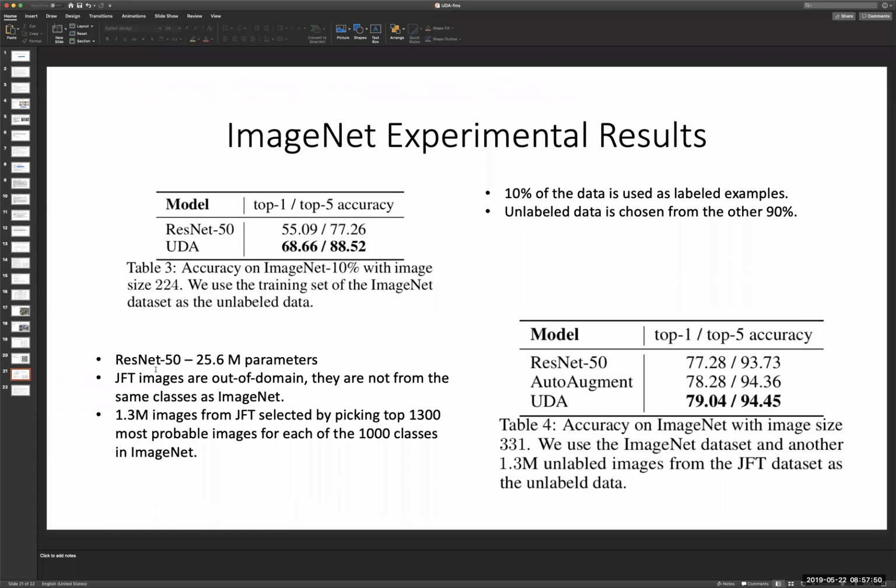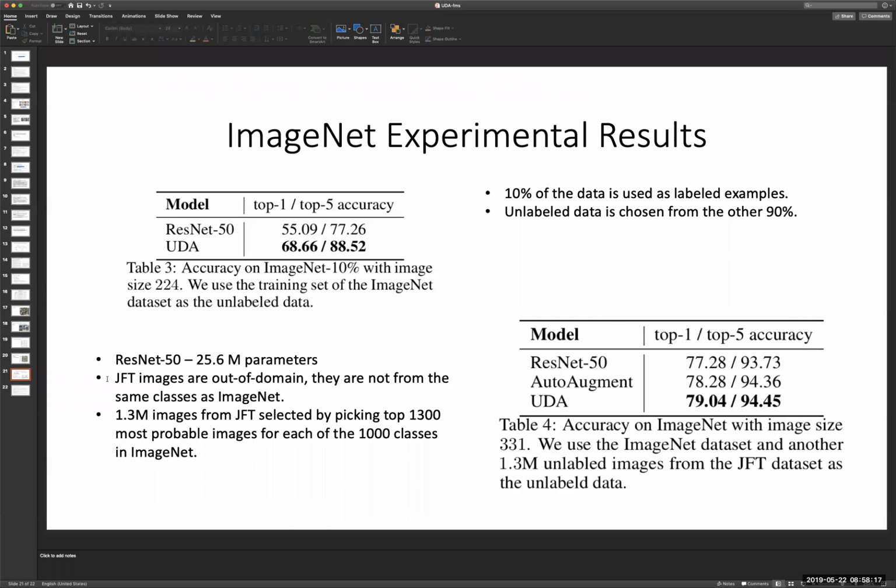Okay. So in the lower portion of this slide is how it works, how you can use all the image data, all 1 million ImageNet images, but then use extra unlabeled data. Just a note, ResNet 50 has 25.6 million parameters.